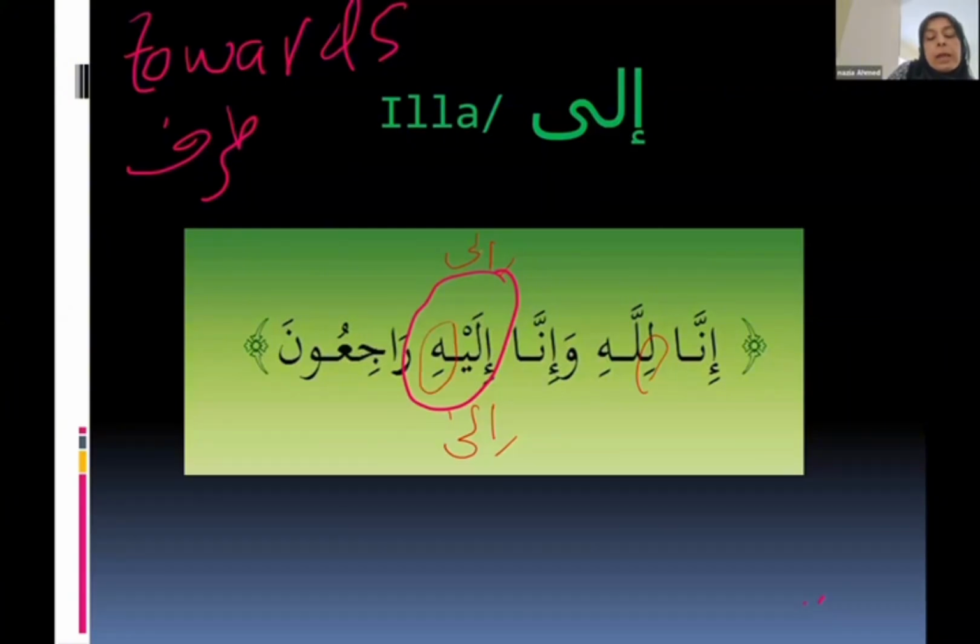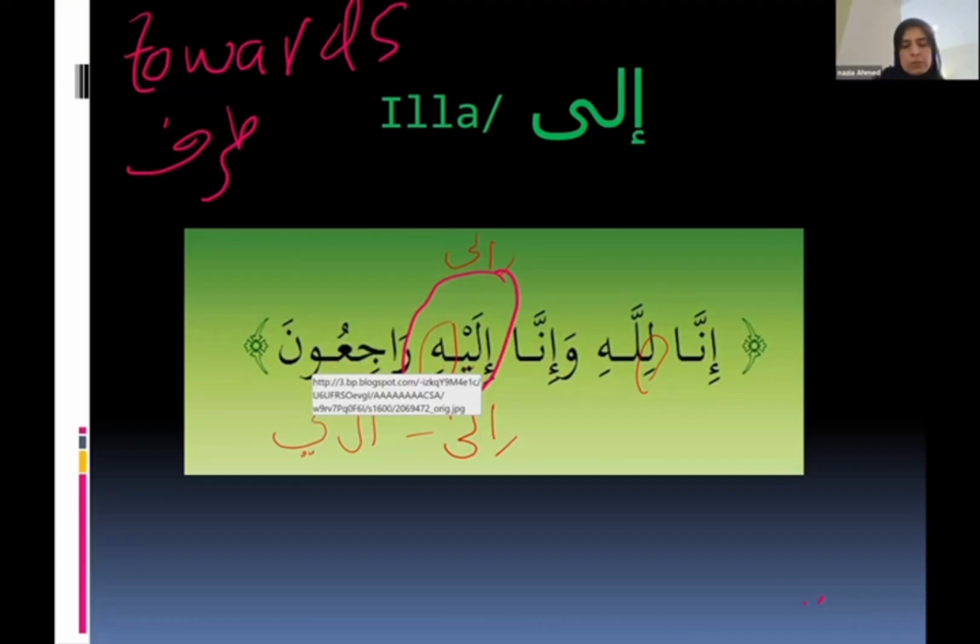When we write ila in a joint writing, we have to put two dots underneath to show this is ya, because how many letters in ila? We have alif, lam, and ya. So when you put it in a joint writing with the attached pronoun, we have to put two dots underneath to show that it is ya. So inna lillahi wa inna ilayhi. This he is the attached pronoun here.